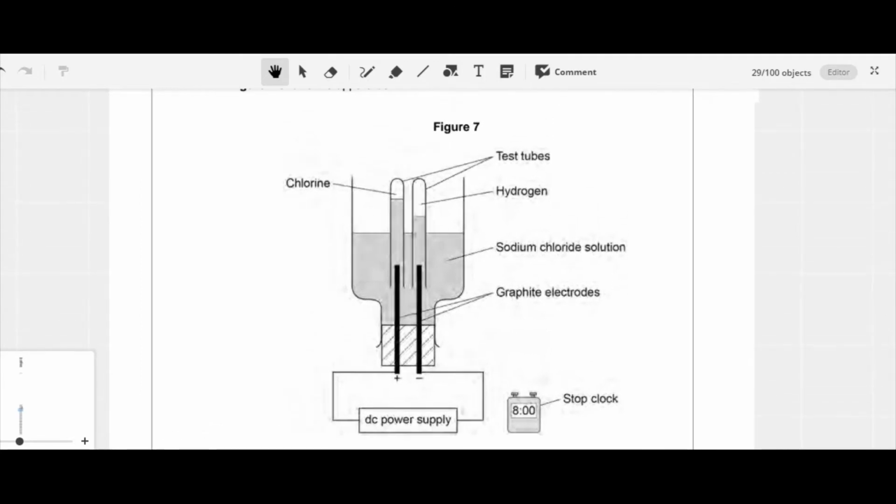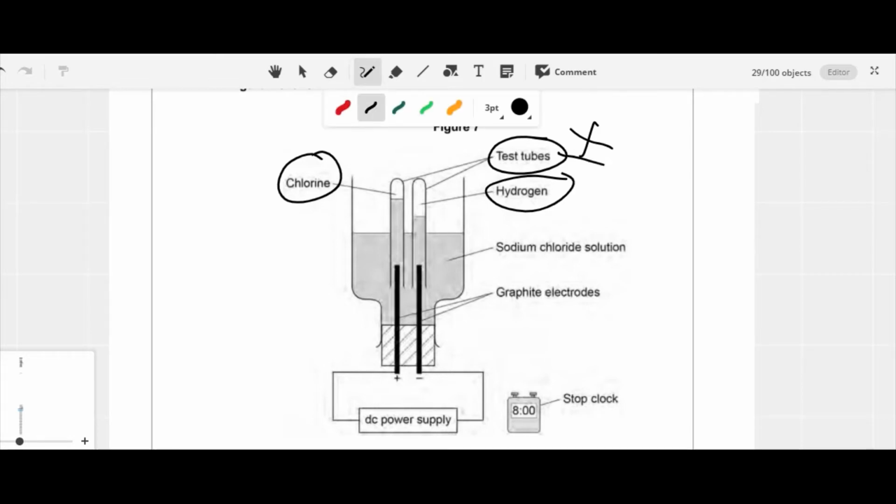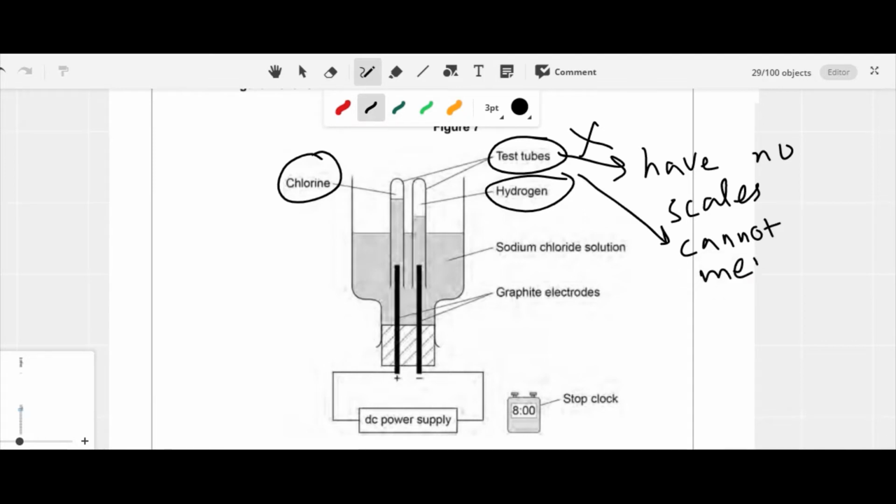Here test tubes are used for collecting gases like chlorine and hydrogen, but test tubes have no scales, and a test tube cannot measure volume.